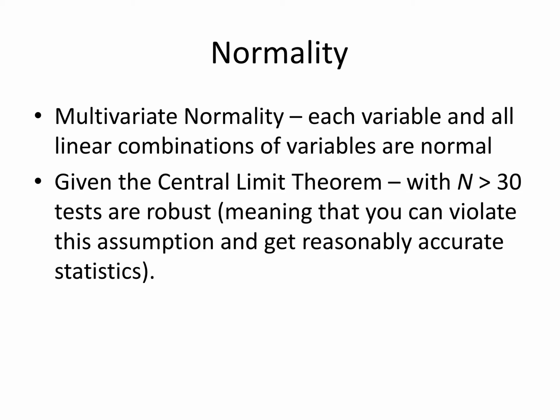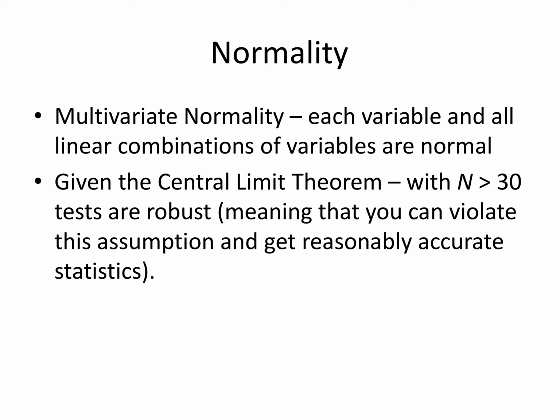But the central limit theorem, which is where you should have paused and watched the distribution bunnies video. Okay, so the central limit theorem is this idea that as the sample gets larger, it becomes more normal. It suggests that if I have at least 30 people, the test is robust to violations of normality. Okay.